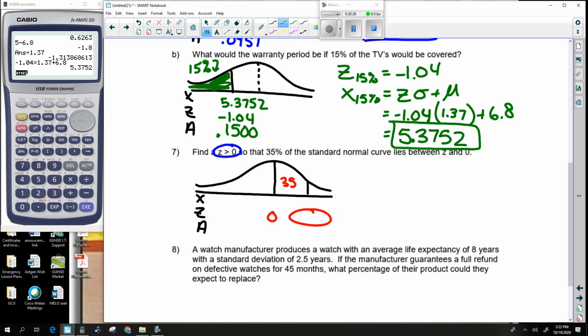So the question is, what is the z-score, or excuse me, what is the area to the left of this line? Well, it's the 35% and also 50%, so that is going to be 85%. So if I need that middle section to be 35%, in this case, I need 85%.